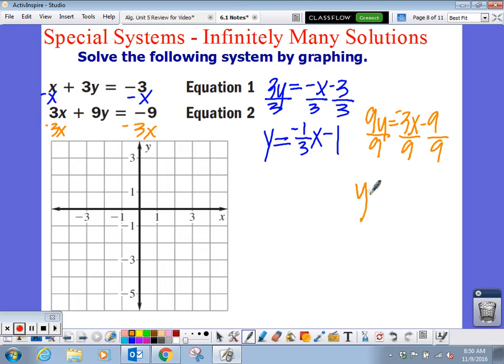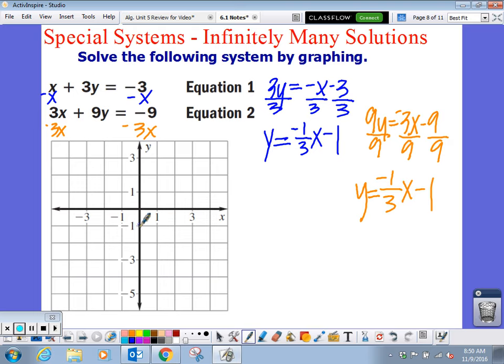So I have y equals negative 1/3, because negative 3 divided by 9 is negative 1/3, x, and then negative 9 divided by 9 is negative 1. So I want you to look at these two equations right now and see if you notice anything. Okay, these two equations are actually exactly the same. So we're going to see what happens there.